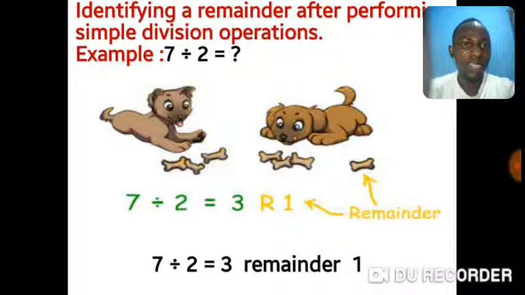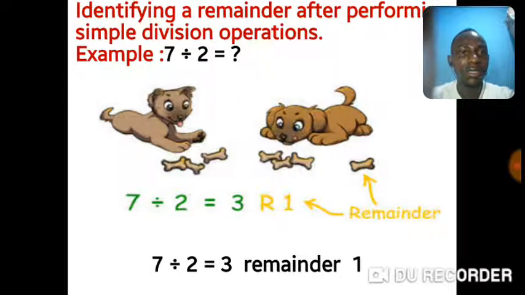And so, in sharing or in division, there is a remainder if the divisor, or the quantity that shares whatever quantity that is known, does not receive equal share of what is given to them, but some is left, and so the one that is left is called the remainder.